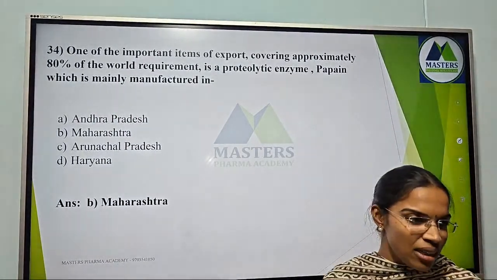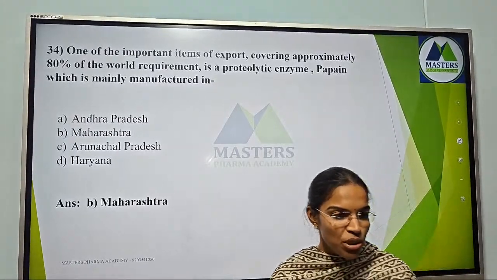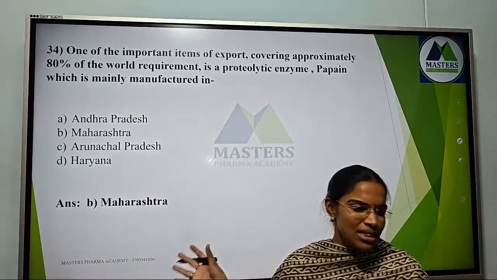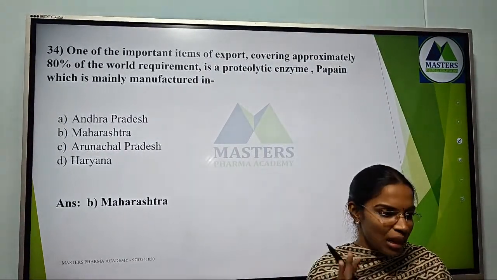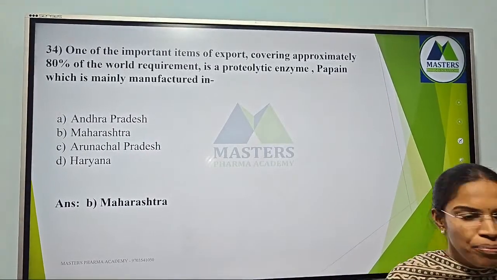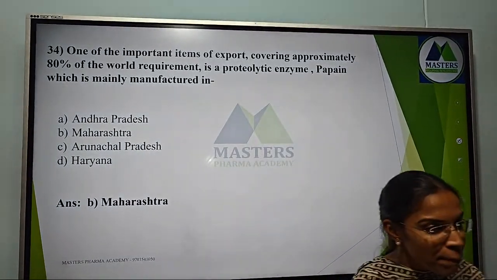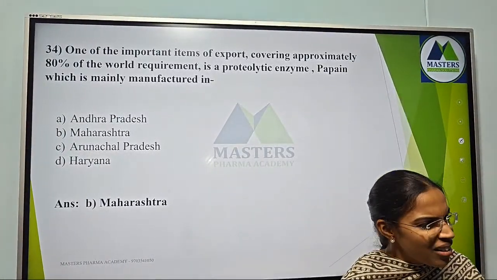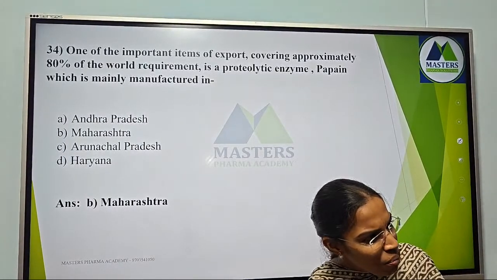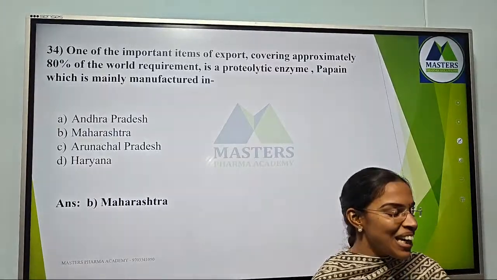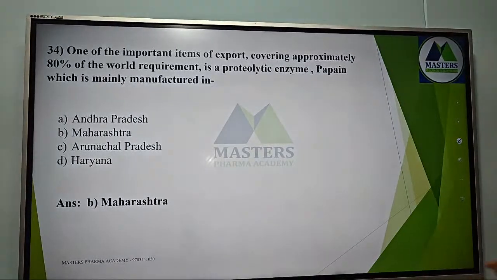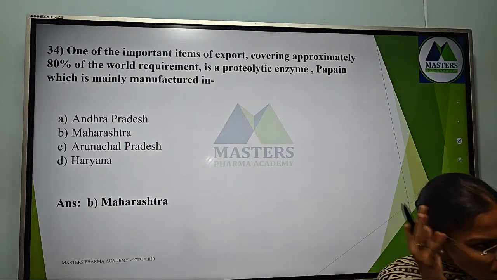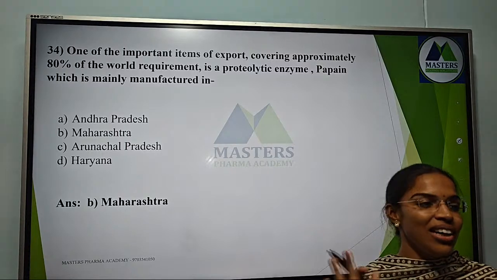Okay, some geographical. Like we were discussing in pharmacognosy, you need to be true about the biological and geographical sources and chemical constituents. This question is related to the geographical and biological source of papain.